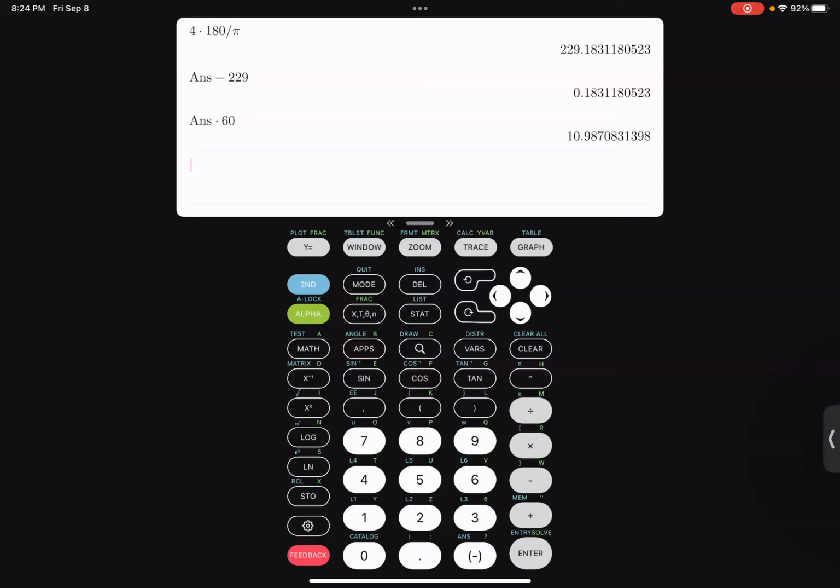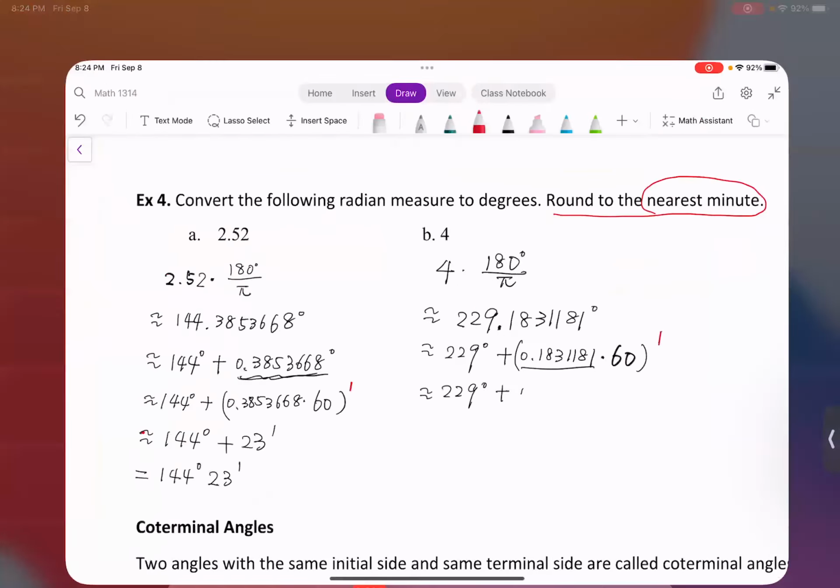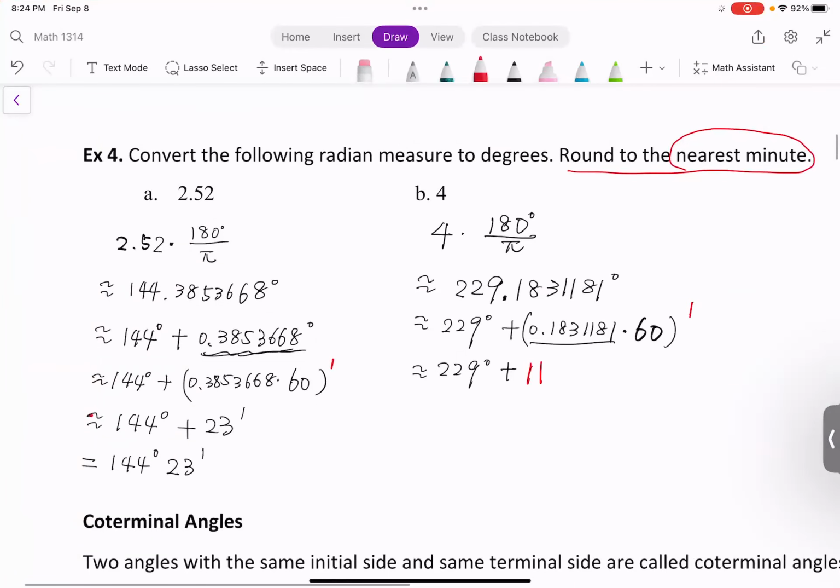No, because after the decimal point, I have a 9. 9 is very big, so greater than or equal to 5. I'm having 11 minutes. Then combine them together, 29 degrees, 11 minutes. All right, it's pretty cool.